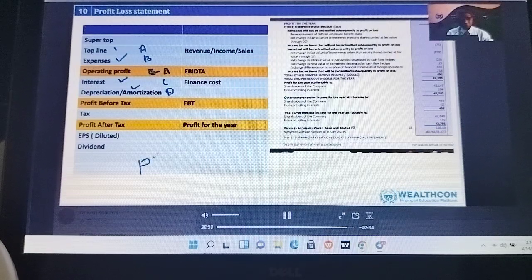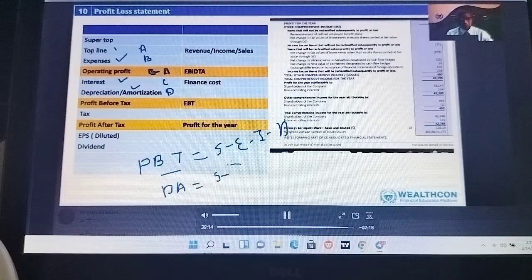So profit before tax means sales minus expenses minus interest minus depreciation. Profit after tax, we will extend this situation: sales minus expense minus interest minus depreciation minus tax. So everything goes out, and what remains is the profit.